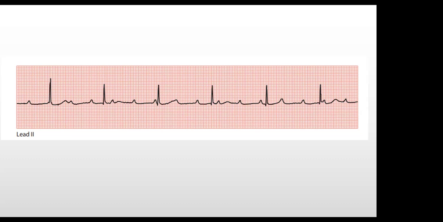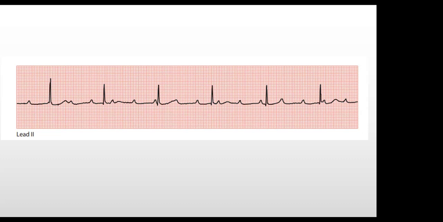So because the QRS complex is narrowed, it tells me that this is not coming from the ventricle. This is coming from the AV node. So the block is more of the upper part of the AV node, not the lower part.